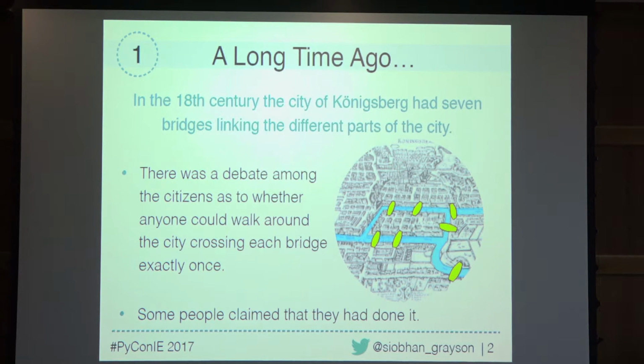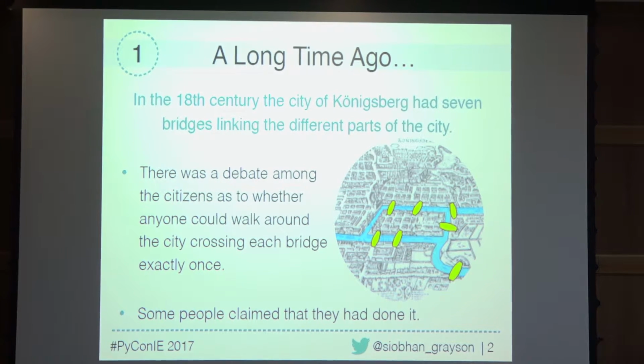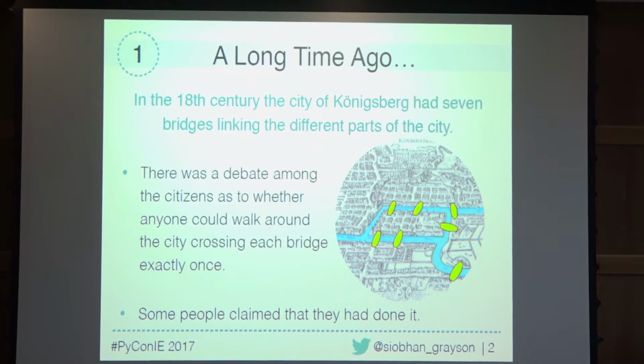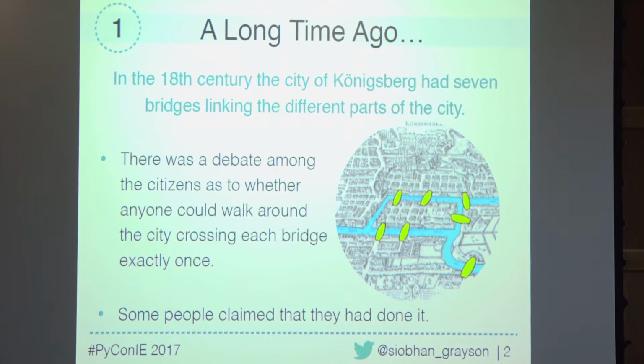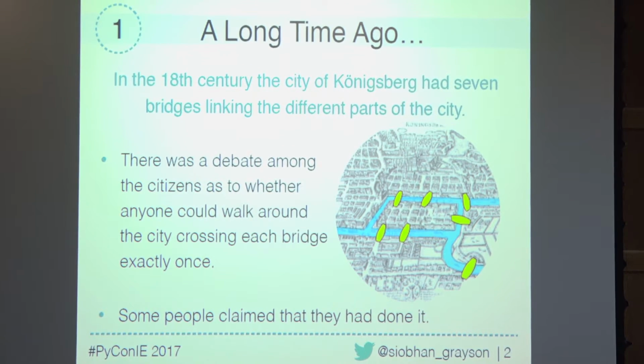So a long time ago, in the 18th century, many of you have probably heard of this problem before, the Königsberg problem. Königsberg had 7 bridges in the city, and the citizens of the city had a sort of game or challenge.